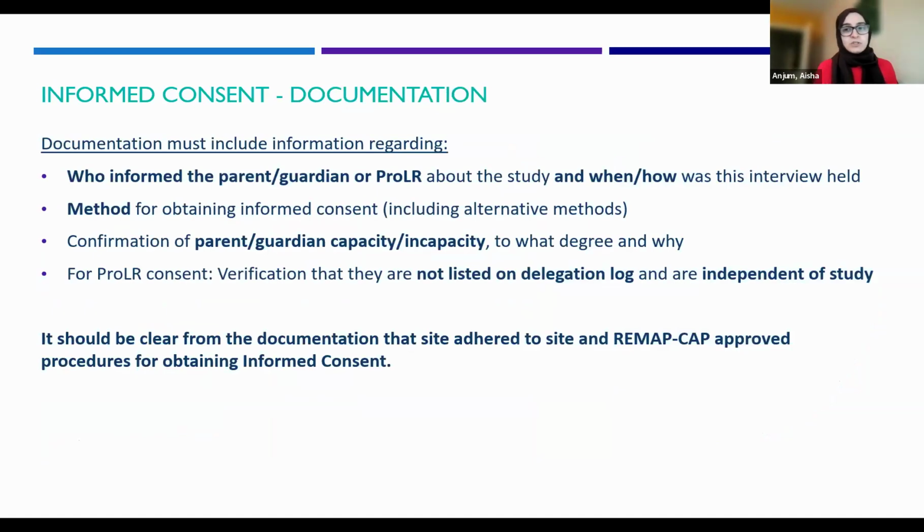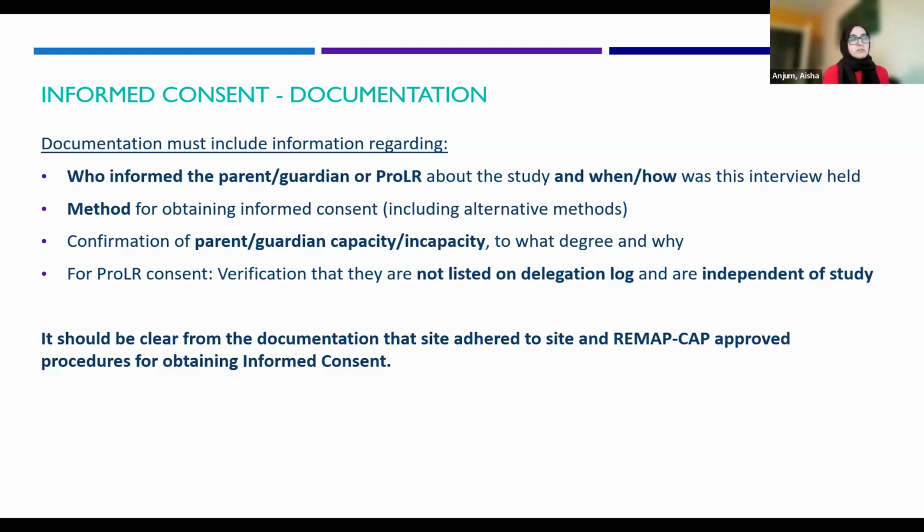So information that we would like to be documented would be things like who informed the parent, guardian or the pro-LR about the study, and when and how was this held? Was it over the phone? Was it in person? The method of obtaining the informed consent: if it was the video one or the full written one or the summary version, that should be noted.